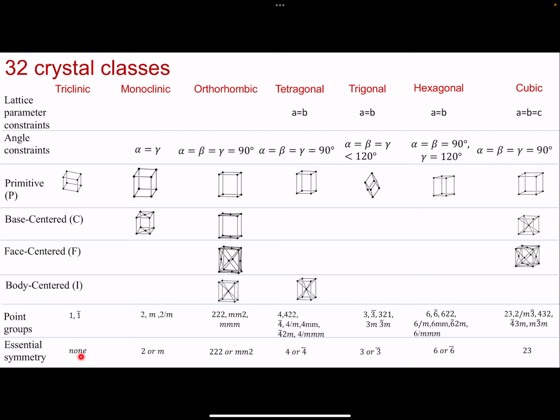And so for triclinic, there isn't any. It can just be 1, right? But there has to be twofold rotation or mirror for the crystal structure to be considered at least monoclinic, and so on and so forth. So you can see all the minimum values listed here.